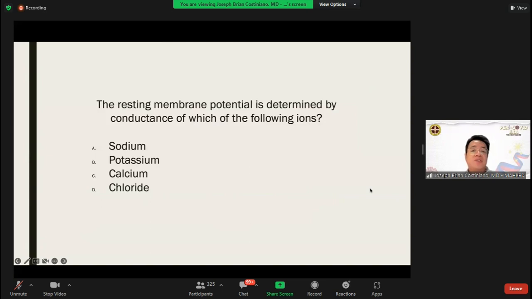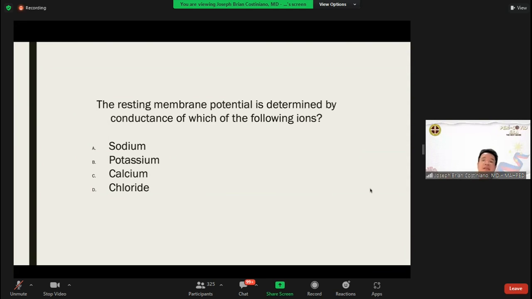Okay, very usual question. Meron talagang lalabas na ionic potentials, resting membrane potential, muscle activation, nerve activation, as well as heart muscle activation. So those are very, very common questions that will come out in the boards.